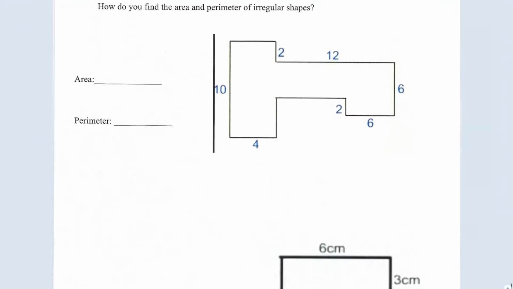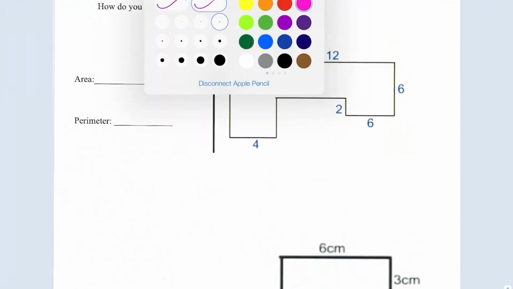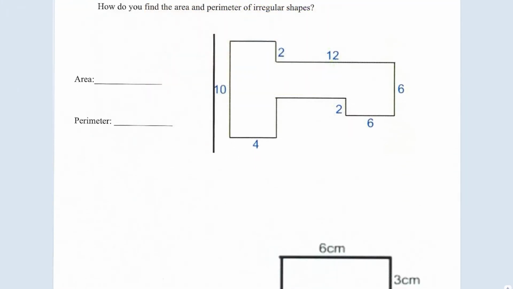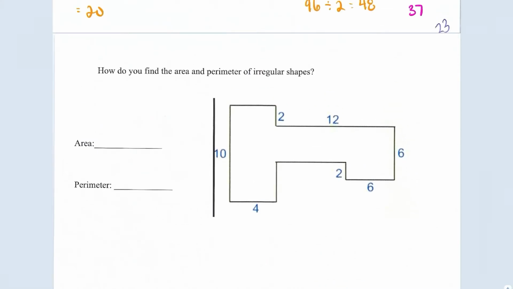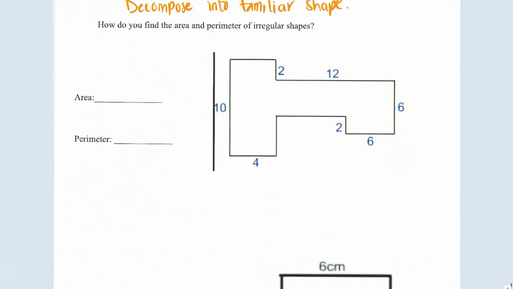Page 24. Here we go. Some composite figures or irregular shapes. Now, the best strategy you can use is to decompose these shapes into familiar ones. So take this weird shape and make it into shapes that you know how to work with.